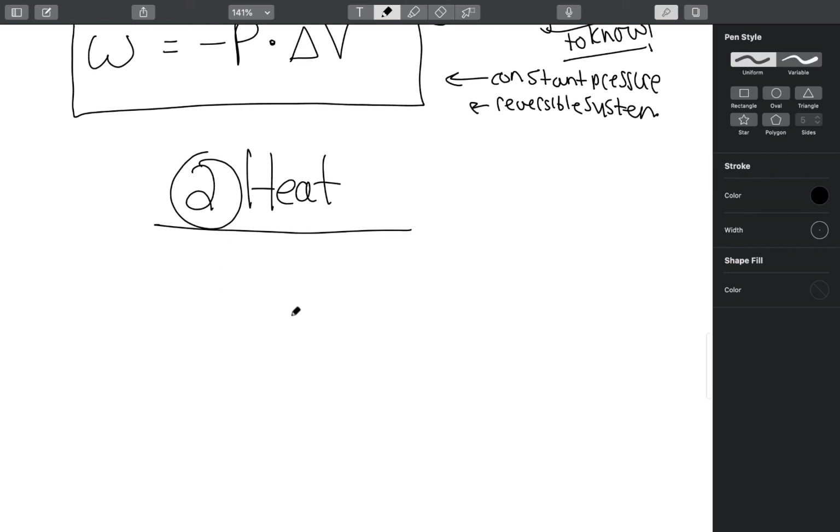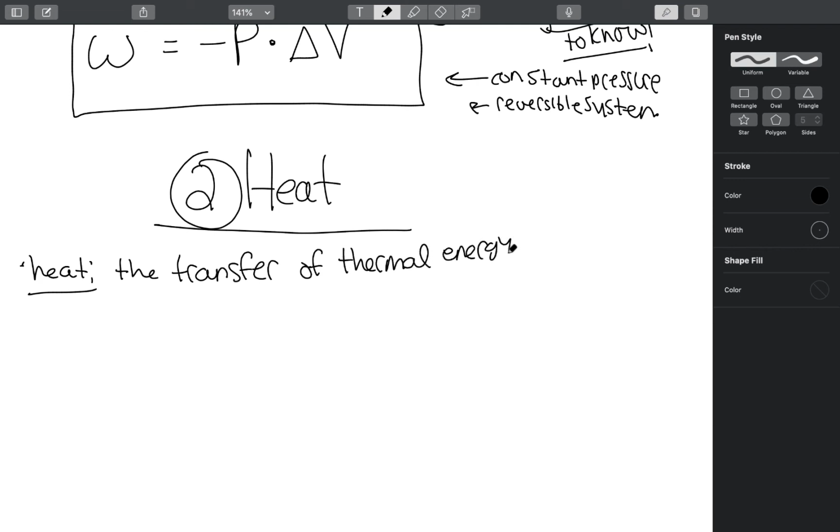So what is heat? Heat is actually very similar to work, and heat is the transfer of thermal energy from one object to another.